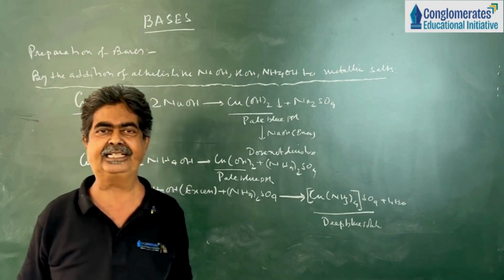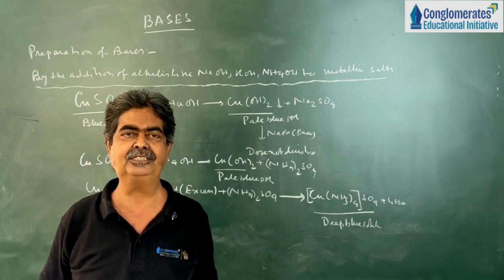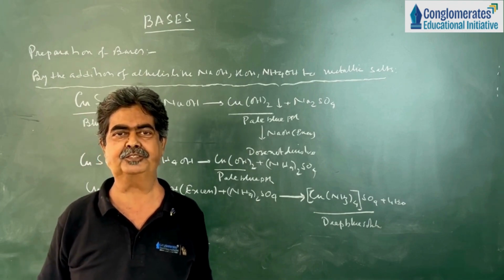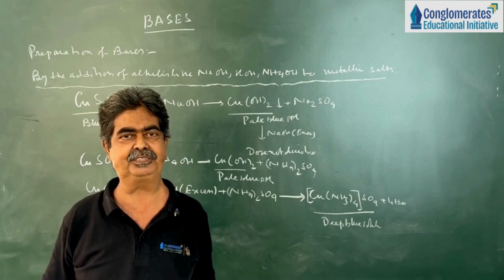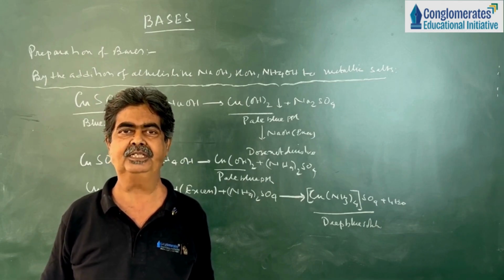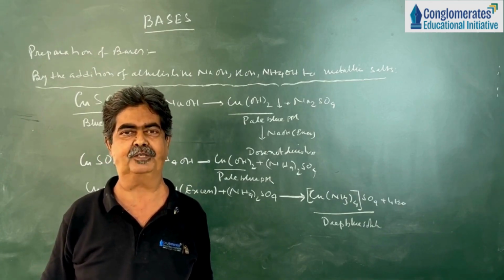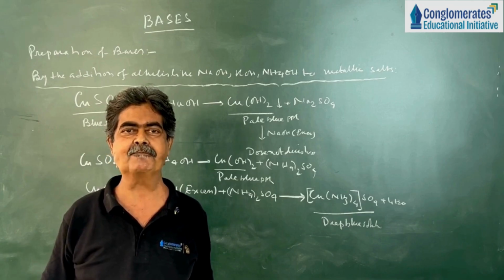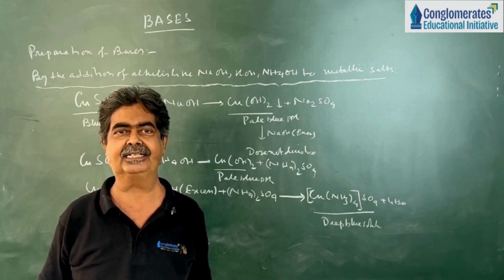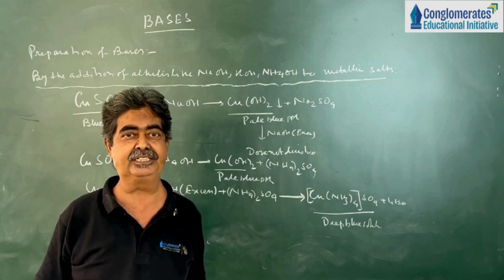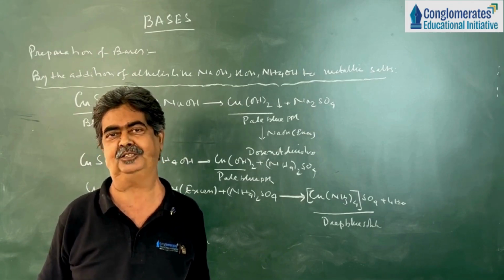That means in case of NaOH, KOH, there are two types of reaction. First of all, we'll get gelatinous white precipitate of zinc hydroxide, which dissolves in excess of sodium hydroxide or potassium hydroxide to form sodium zincate or potassium zincate, which is soluble in water. So we'll find that gelatinous precipitate gradually dissolves to form transparent colorless solution.